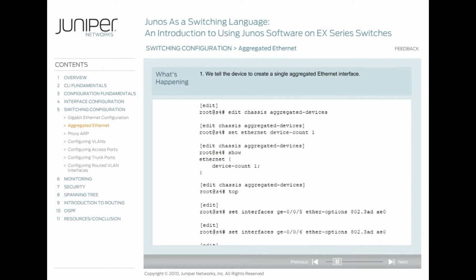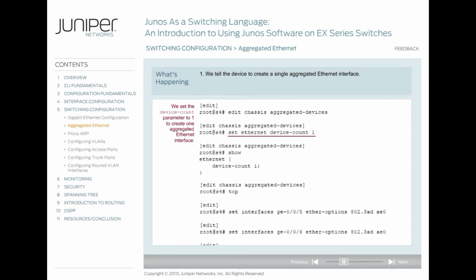You tell the software to create aggregated Ethernet interfaces and allocate resources for them by setting the device-count parameter under the edit chassis aggregated-devices ethernet hierarchy. In this example, we set this parameter to 1, so the device will create one aggregated Ethernet interface.